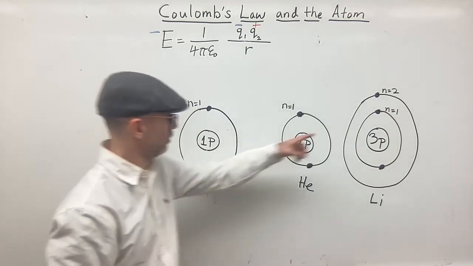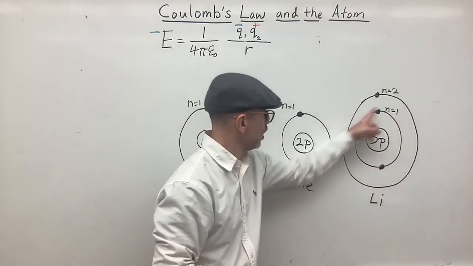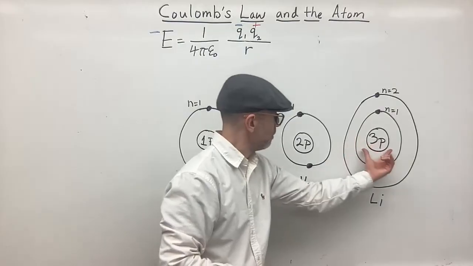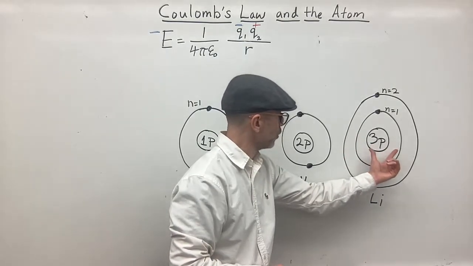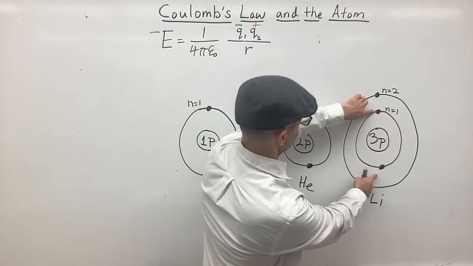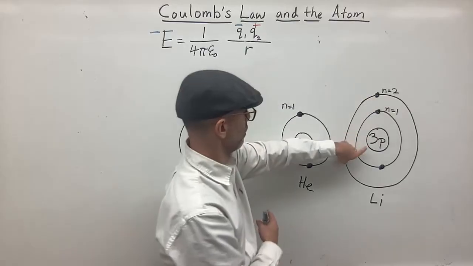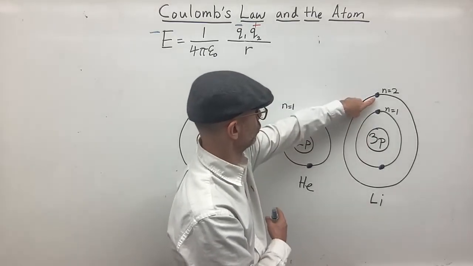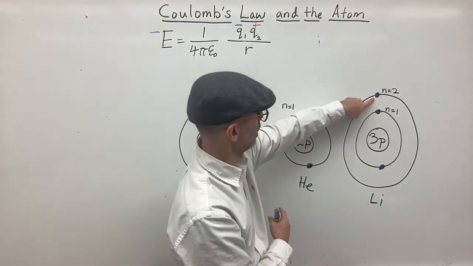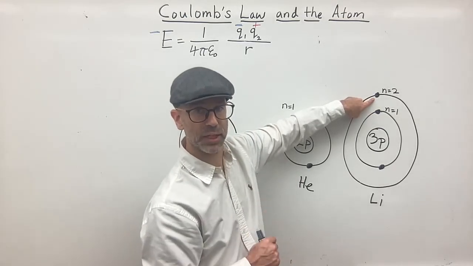And because of this, we call this shielding. These two electrons are shielding the positive effect of the 3 protons on this one. If these 2 electrons were taken away and only that electron was there, then the 3 protons would be able to have a full effect on that electron without any repelling force.